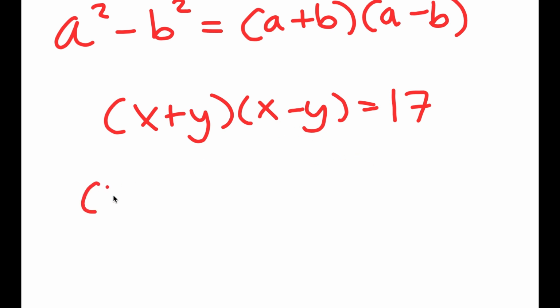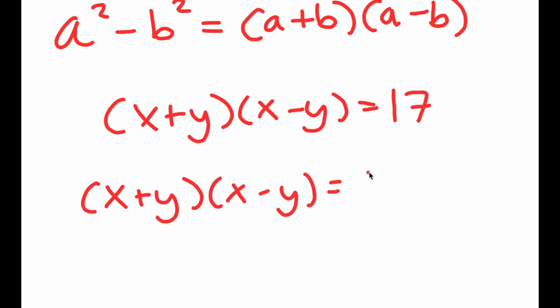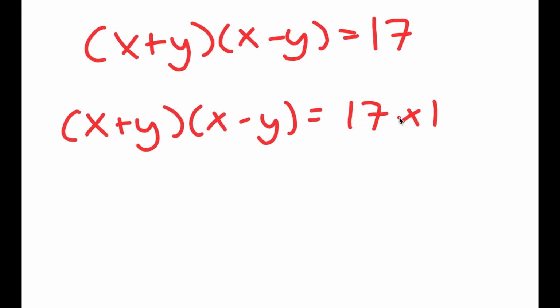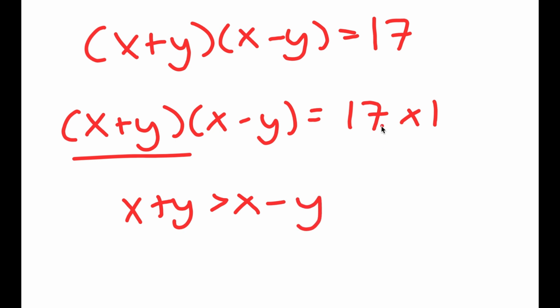Now 17 is the same thing as 17 times 1. And the reason I'm rewriting it as 17 times 1 is because what I'm going to do is assign each of these values to the respective factors on the right-hand side. And obviously x plus y is greater than x minus y, and 17 is greater than 1.